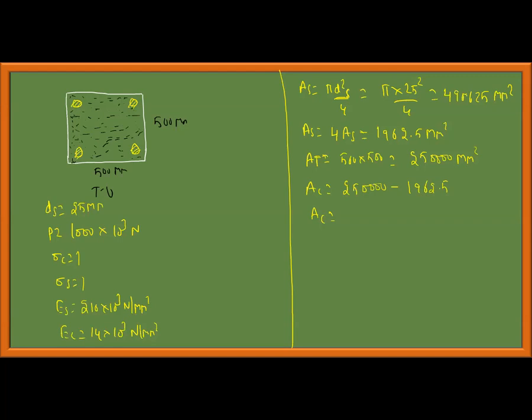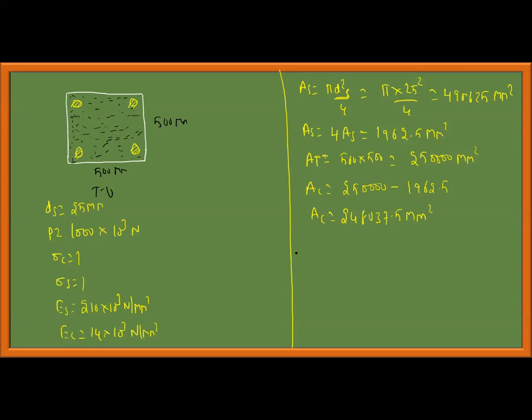Area of concrete is 247037.5 mm square. This is the first part.